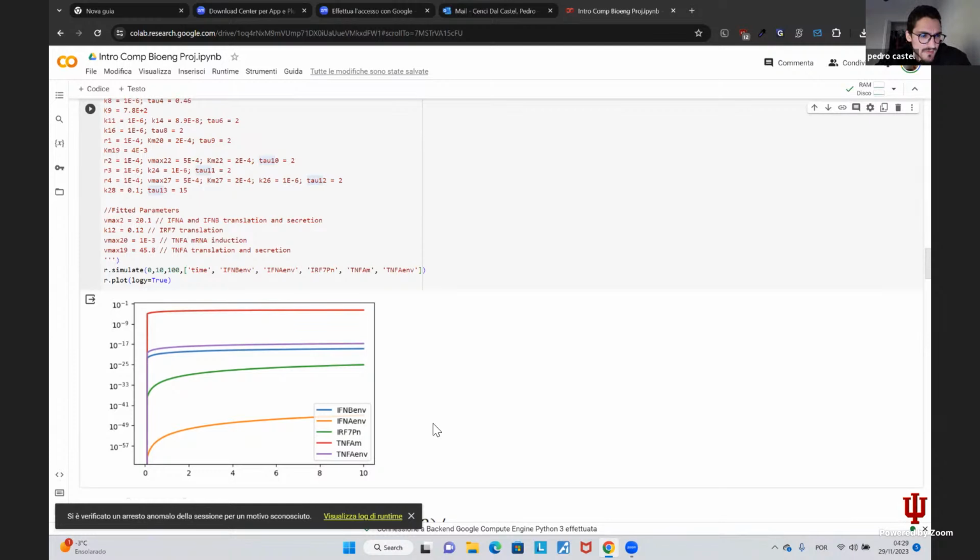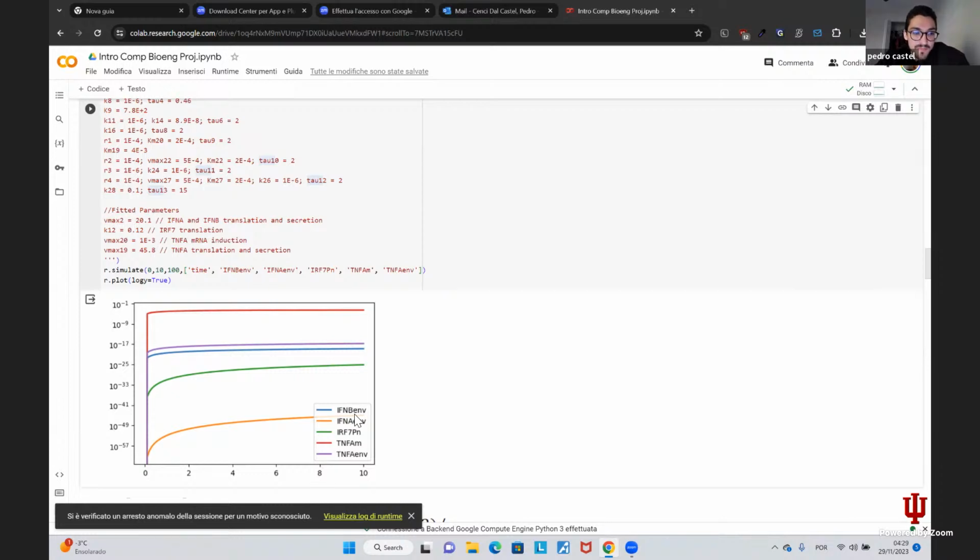And I find it weird because this is in moles, because in the equations they divide the rate by the Avogadro number. So if you take interferon alpha, which goes to 10 to the minus 49, even if you multiply by the Avogadro number, it doesn't make sense.